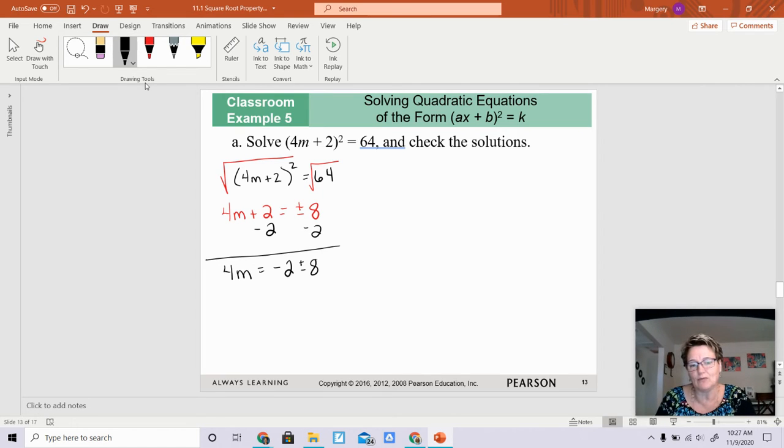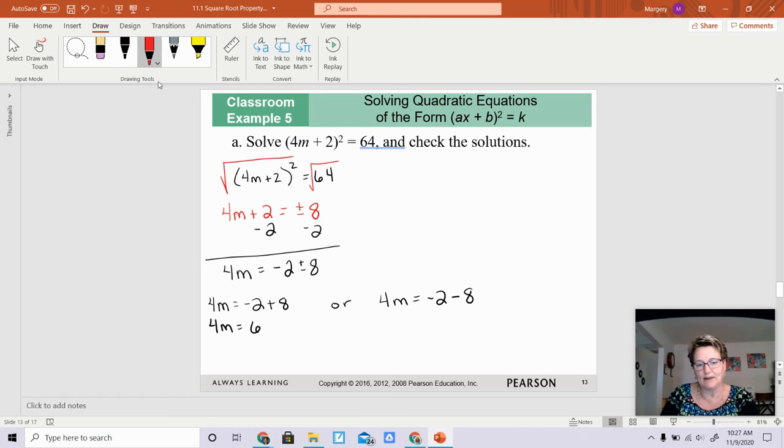So the way I'm going to write this out is 4m equals negative 2 plus 8, or 4m equals negative 2 minus 8. If you notice, I wrote it out twice because I have a plus 8 and a negative 8. Before I actually divide by 4, I want to clean up that side of the equation. So I get 4m equals negative 2 plus 8 is 6.